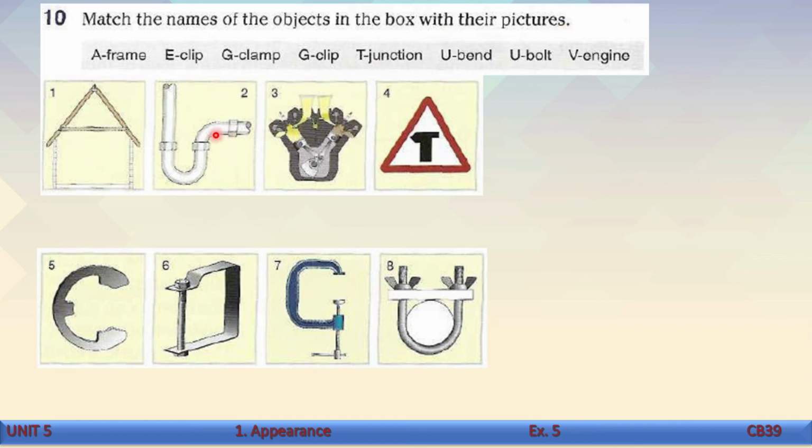You can see that we have A-frame, E-clip, G-clamp, D-clip, T-junction, U-bend, U-bolt, and V-engine. And the structures are shaped like letters.